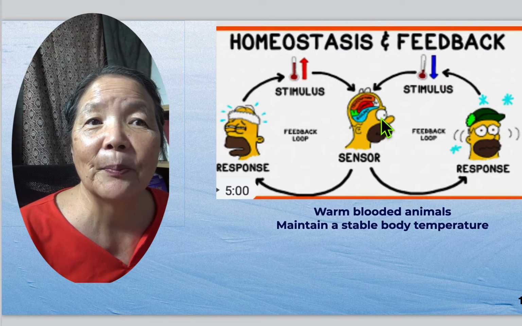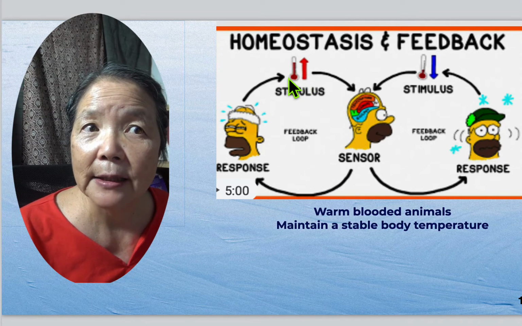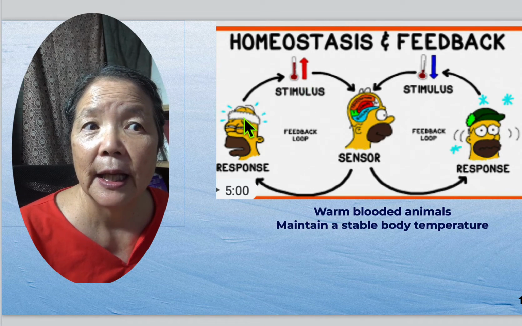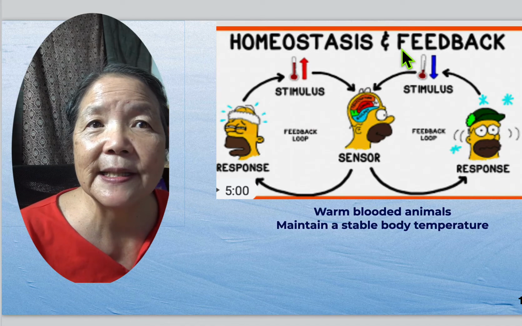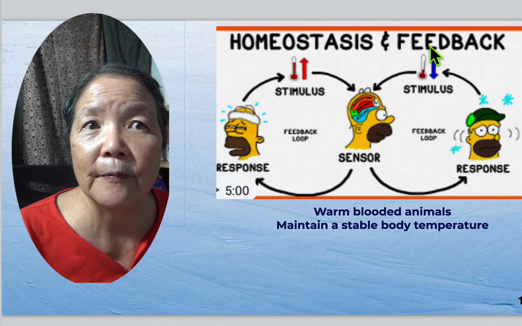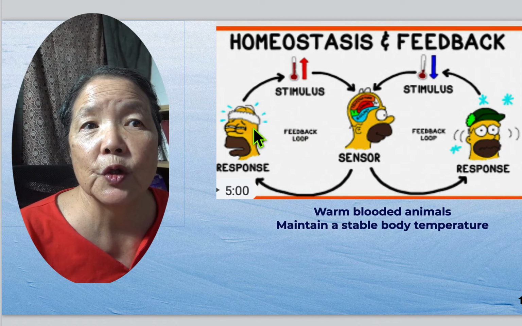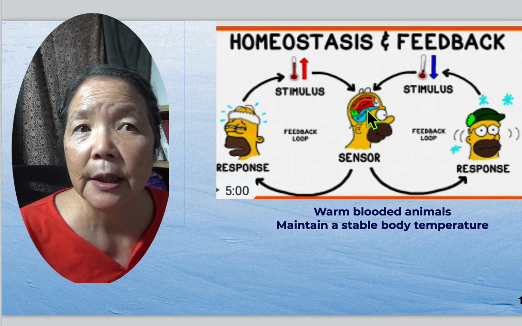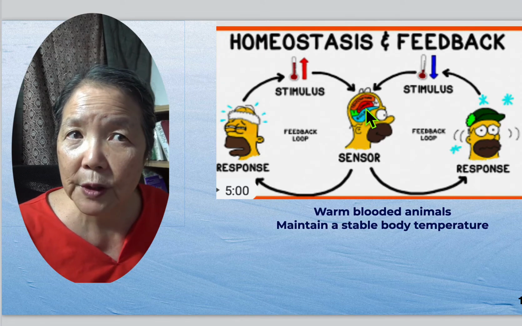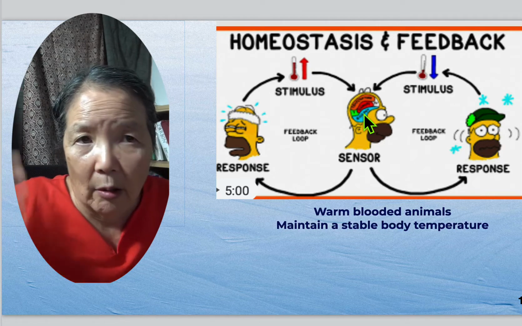This familiar cartoon character gets the hot stimulus, and he begins to respond. Homeostasis is all about feedback. So when it becomes hot, the brain produces a response to sensors of heat throughout the body.